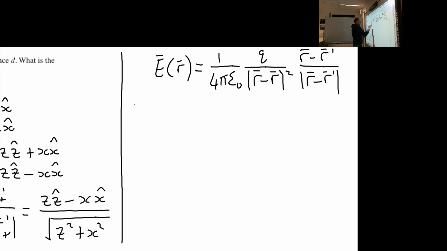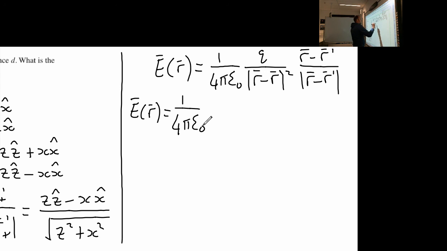So if I write this out, what we're going to get is 1 over 4 pi epsilon naught, and we've got the contribution from the charge located at positive x and the charge located at negative x.